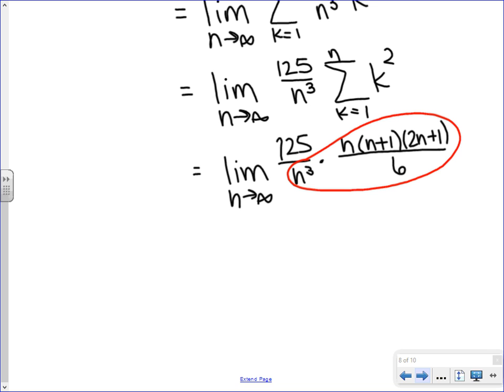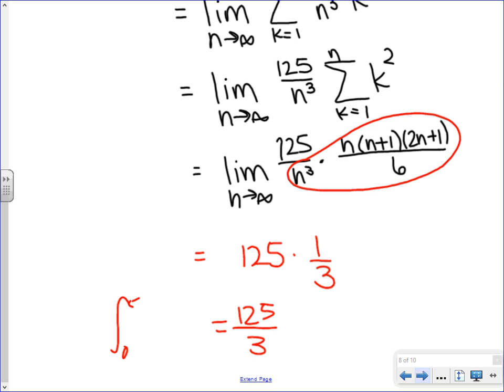Larry, what did we decide that was? One-third. So basically what we have is 125 times 1/3, which is 125 thirds. That is our exact area.